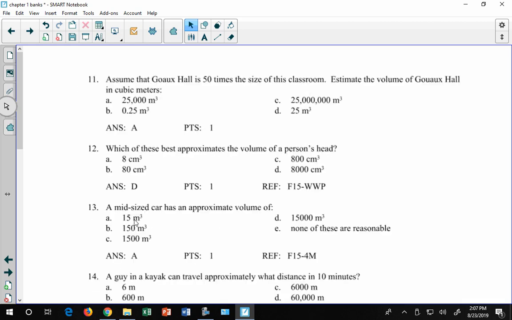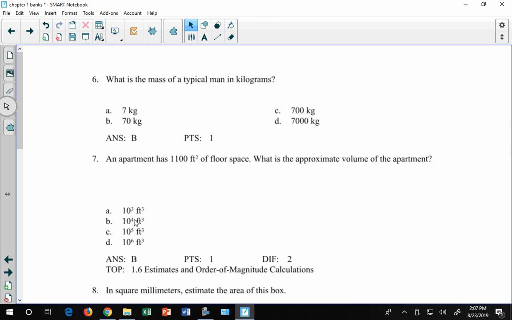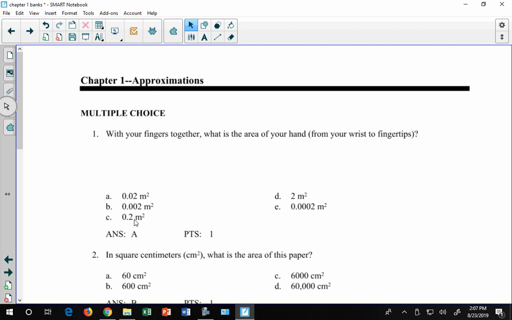All right, so as I said, with approximations, you need to know those 3 measurements, the meter, the centimeter, and the kilogram. And a kilogram is a few pounds. So you need to be able to look at a physical object and estimate what is its area, what is its volume, what is its length, or what is its mass, knowing what those 3 physical measurements are.